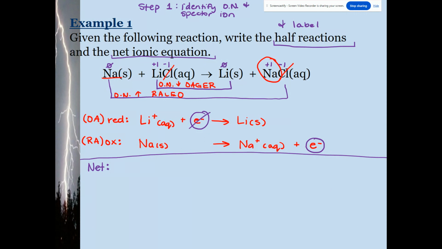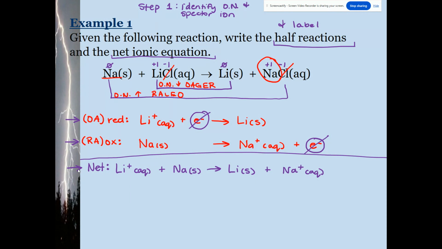So they cancel each other out, and my net reaction becomes lithium ions plus sodium solid atoms, or solid metal, whatever you want to call it, becomes solid lithium metal and a sodium-free dissociated dissolved ion. Okay? So those are your steps. Identify your half reactions and then write your net equation.